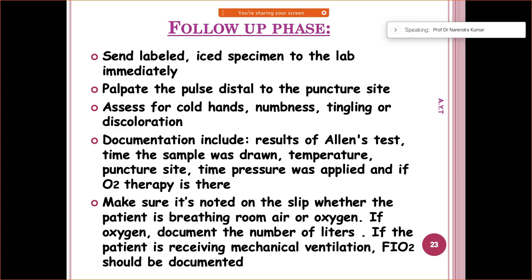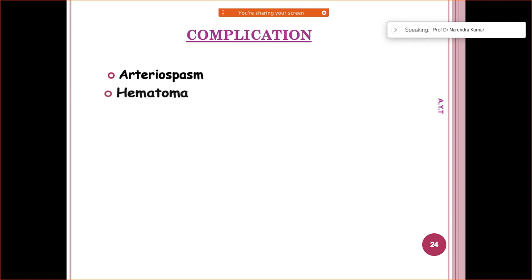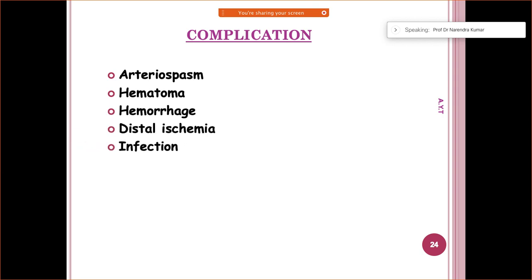Similarly, if the patient is on mechanical ventilation, how much FiO2 the patient is taking. Being an invasive test, it has its complications as well: spasm at the local site, hematoma, hemorrhage, distal ischemia, infection, and even numbness.